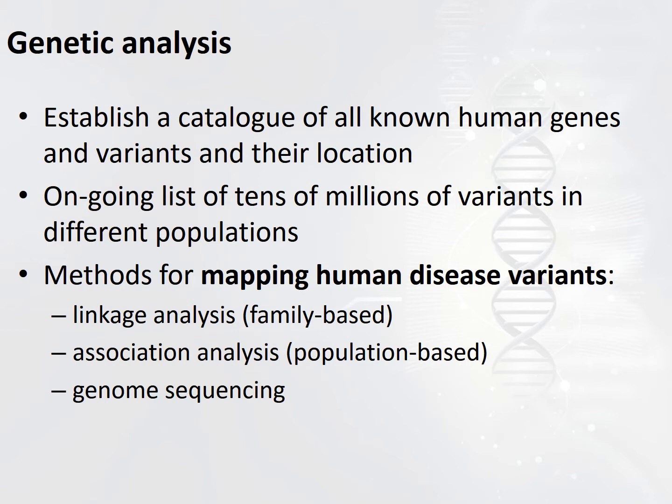There are basically three major approaches to genetic analysis. First is linkage analysis, which is not that often used nowadays. It basically uses family pedigrees to follow the inheritance of disease in certain family members, and it looks at the role of a specific variant or specific variants that could correlate with the disease in that family.